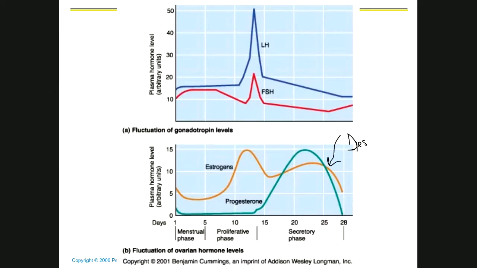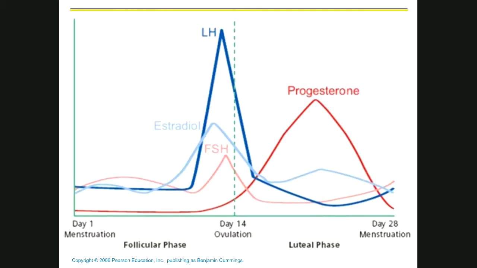Estrogen falls off and progesterone falls off because the corpus luteum has died. And then it's going to start all over again, because what's going to happen is GnRH is going to be released again. FSH is going to be released again. LH is going to be released again. And the whole process is just going to start over.